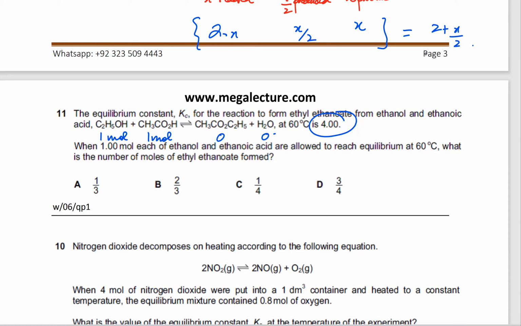So what will you do after this? You have to find the equilibrium moles.